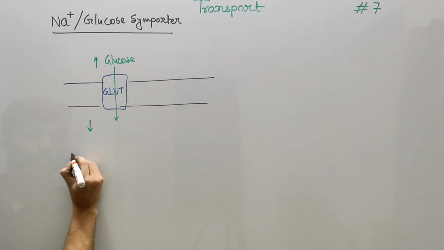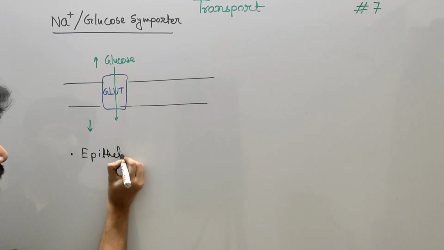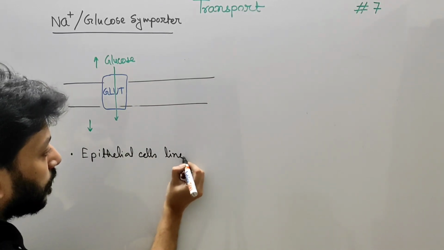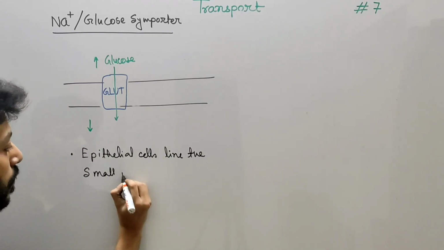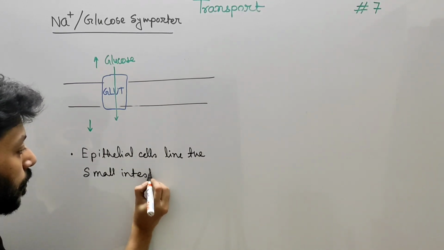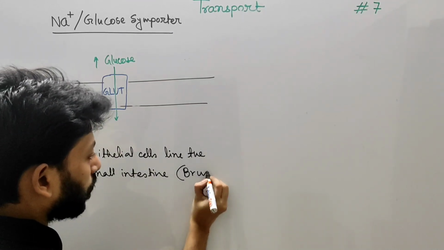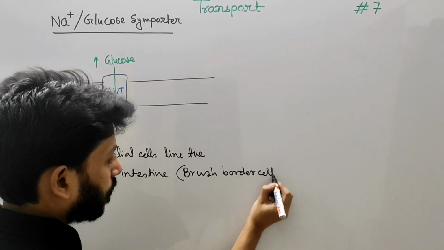The first cell is called epithelial cells that line the small intestine. Basically, we call them brush border cells.